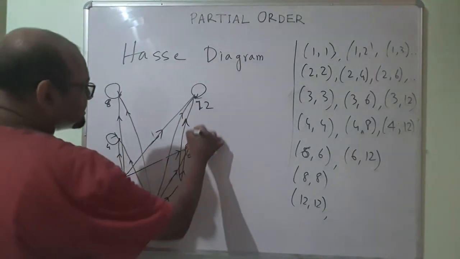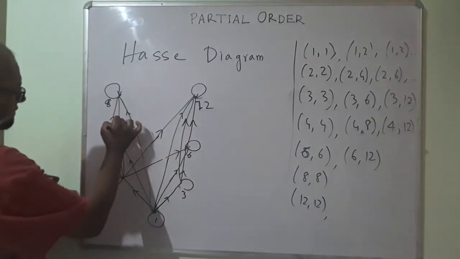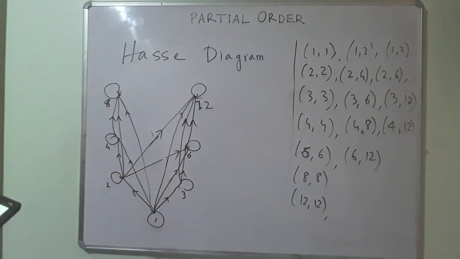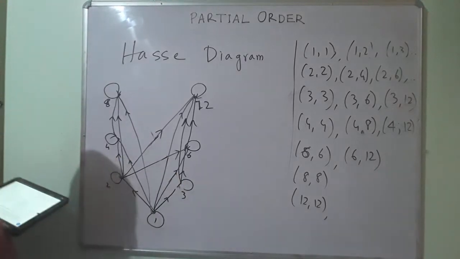Then I have 6 divides 12. I have 4 divides 8. So yeah, in this way I will have all these edges.